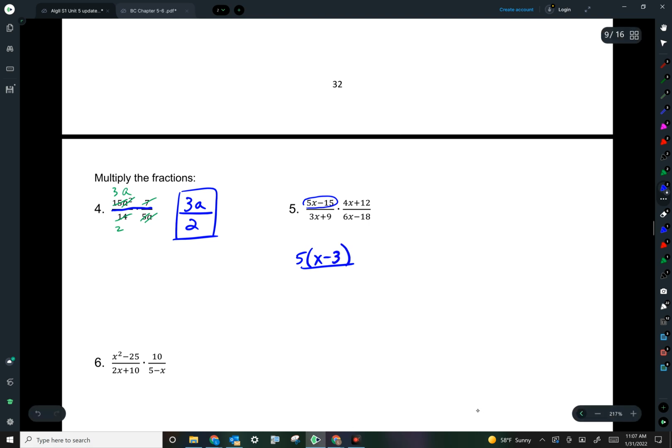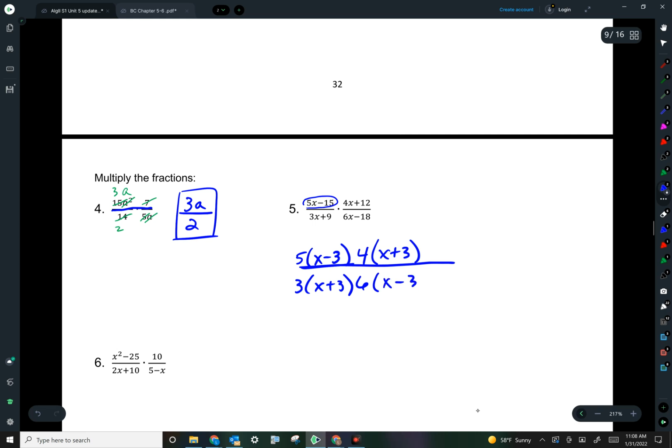And because it's multiplication, I'll just go ahead and do the top and keep it all in one big fraction. So the 4x plus 12, I can take out a 4. It's going to leave me with an x plus 3. On the bottom, for the 3x plus 9, I'll take out a 3. Leaves me with x plus 3. And then for the 6x minus 18, I'll take out a 6. Leaves me with x minus 3.